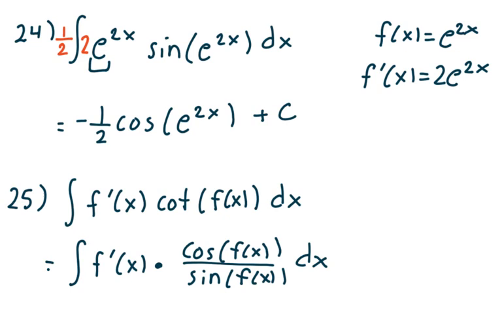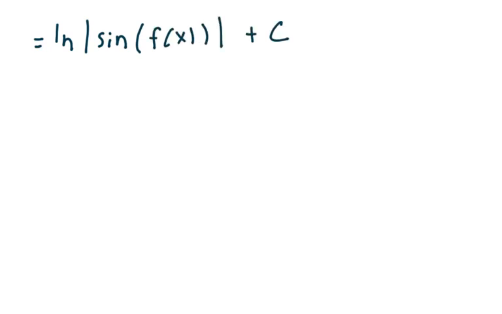Now, I think about the chain rule backwards. The derivative of sine of f of x with respect to x, if we apply the chain rule correctly, we're going to get cosine of f of x multiplied by f prime of x, which is the derivative of that function inside. So my final answer here will be natural log of the absolute value of sine of f of x plus c.